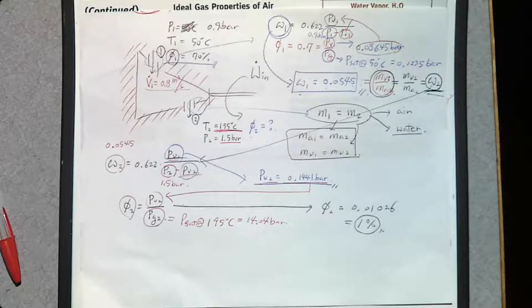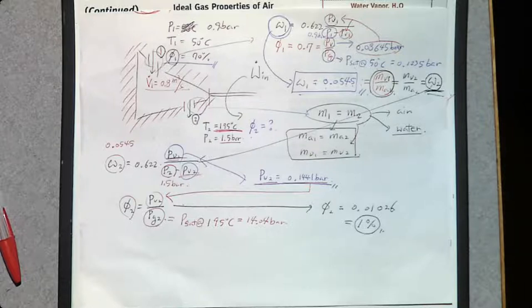However, for the same mass of dry air and the same mass of water vapor, just by increasing temperature from 50 to 195, the relative humidity drops to 1% from 70%.